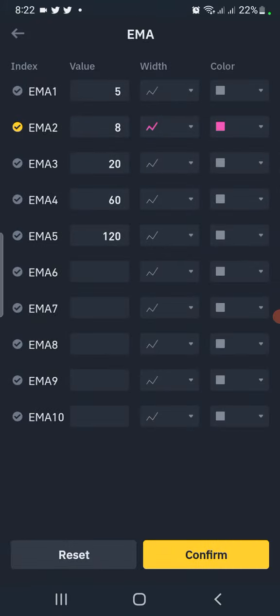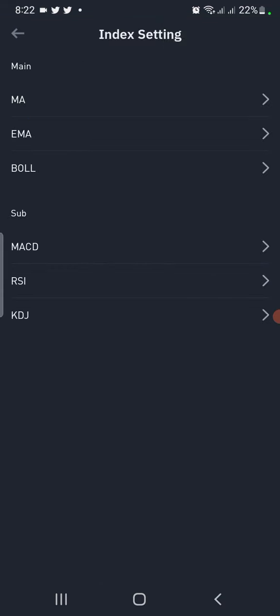As you can see, I activated EMA 2, which has the parameter value 8, with the width and the color. So after color, I confirmed. That's how it's set in the exchange.